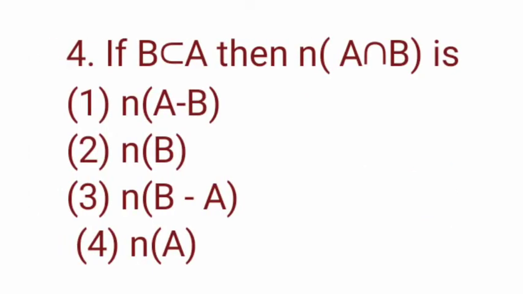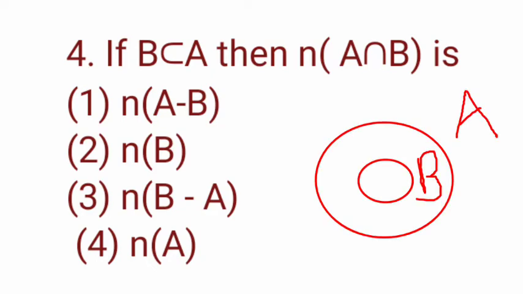Fourth one, if B is subset of A, then n of A intersection B is, that is the question. We have 4 options. First one, n of A difference B. Second one, n of B. Third one, n of B difference A. Fourth one, n of A. B is subset of A means B is contained in A. See the Venn diagram.